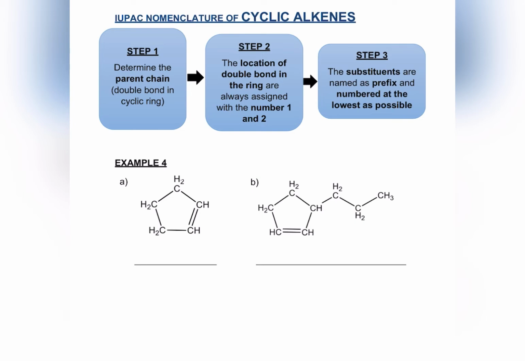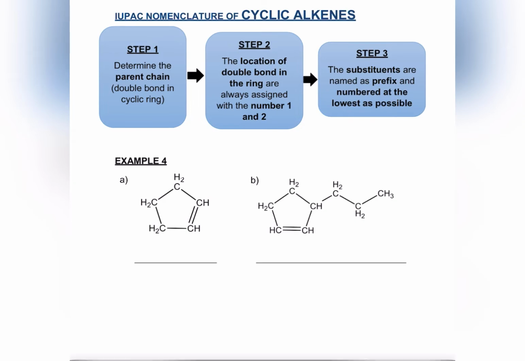So let's try example 4a, where I have my structure with a double bond in the ring, and make sure you give the numbering for your carbon. Either this one or this one starts with number 1. This is because the position of the double bond, our functional group, must be at the lowest number.